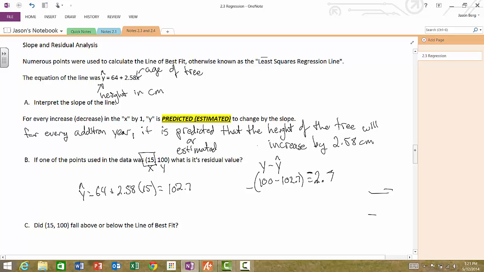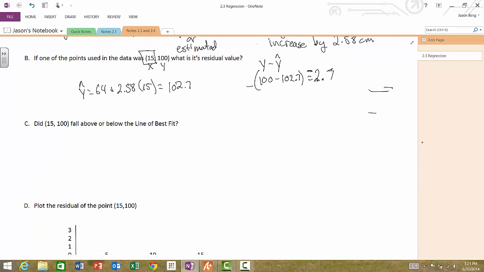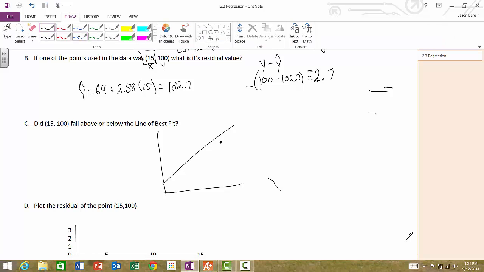So if we were to look at that on a scatter plot, do you think 15, 100 fell above or below the line of best fit? Okay. Well, remember we said since it's negative, any negative residual values fall below. So let's say here's my line of best fit. The point might be right here.